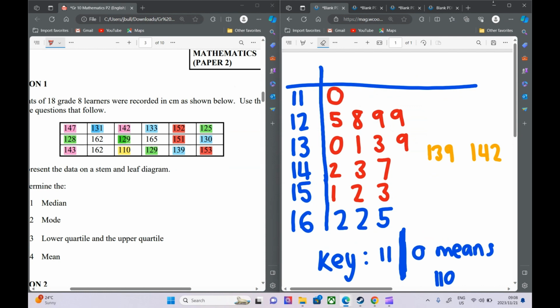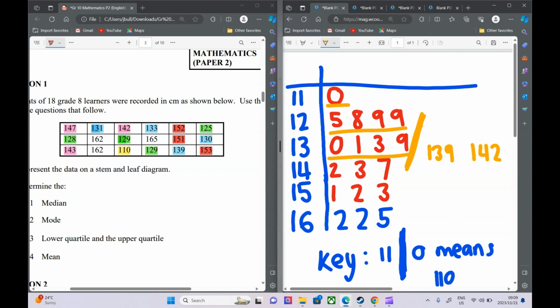So what this means is the lower quartile is the middle of the bottom half of the data. So we worked out already our median was here, between 139 and 142. So that was our median, that's the middle. That means this is the lower part of our data.